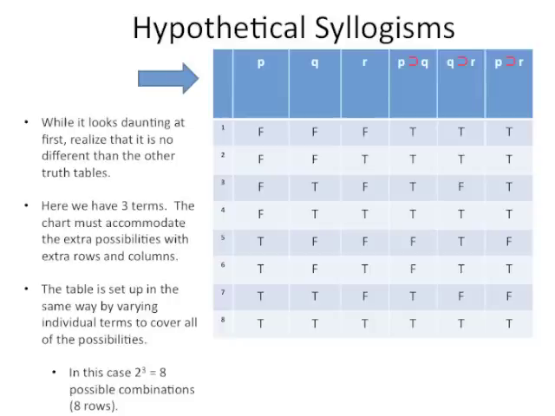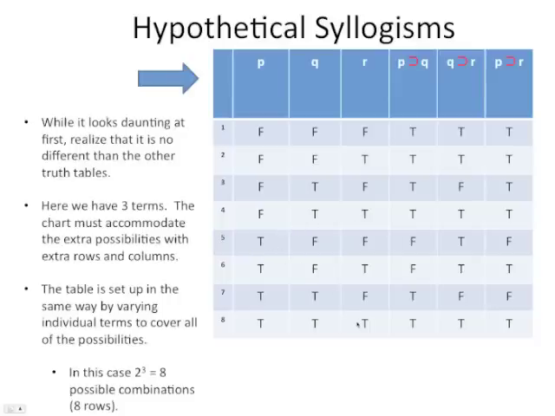The table is set up in the same way by varying individual terms to cover all of the possibilities. So in this case, again, 2 to the 3 equals 8 possible combinations, 8 rows. And again, we vary the terms as we go through. So we start off with false, false, false. Then we vary the term: false, false, true. Then we go false, true, false. And down to row 4, we have false, true, true. And you can see the pattern as it develops, right?